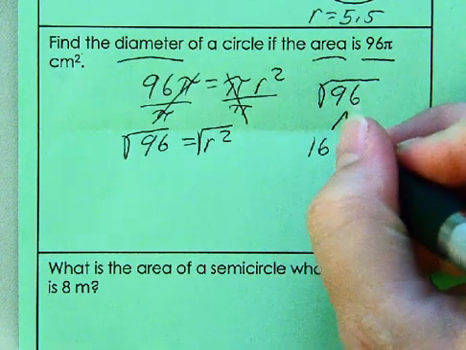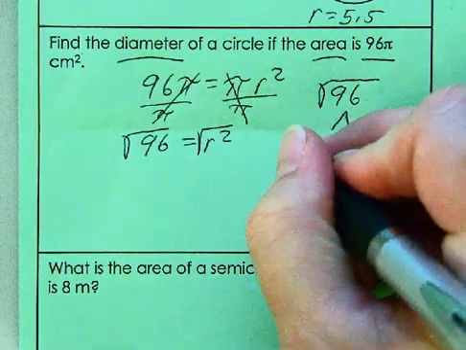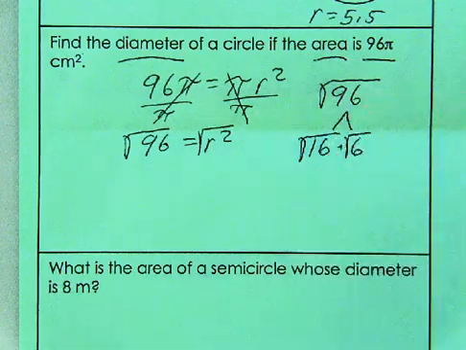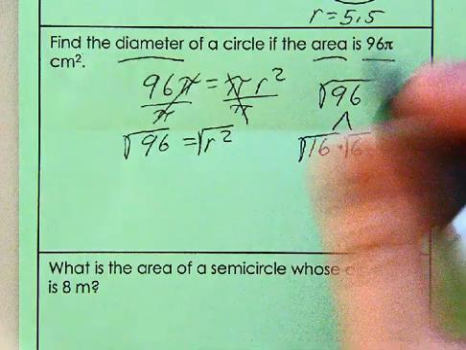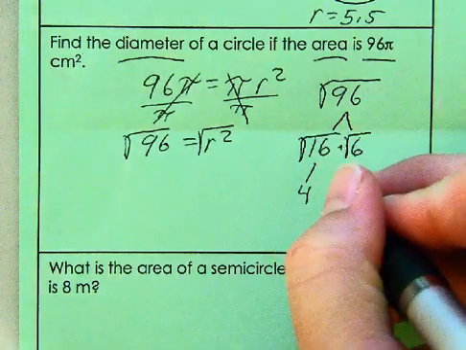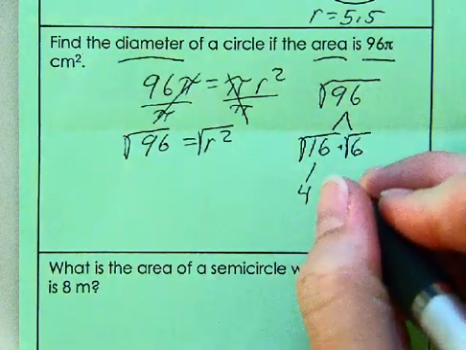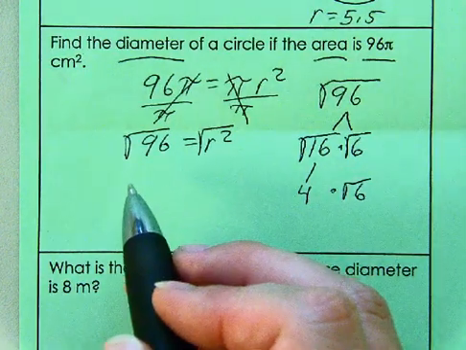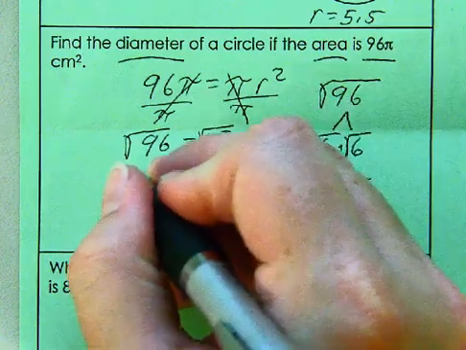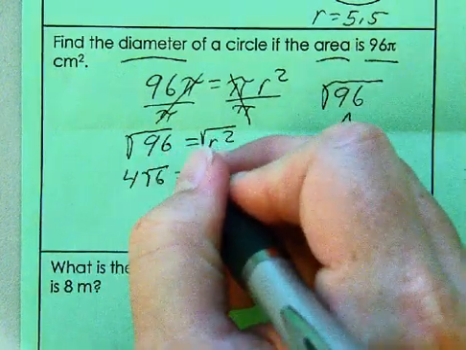It goes in 6 times. So to break down 96, I get square root of 16 and square root of 6. Square root of 16 is a perfect square. It's 4. Square root of 6 cannot be broken down anymore, so that's going to be square root of 6 there. So then over here on this side, we're going to put 4 square root of 6 equals r.